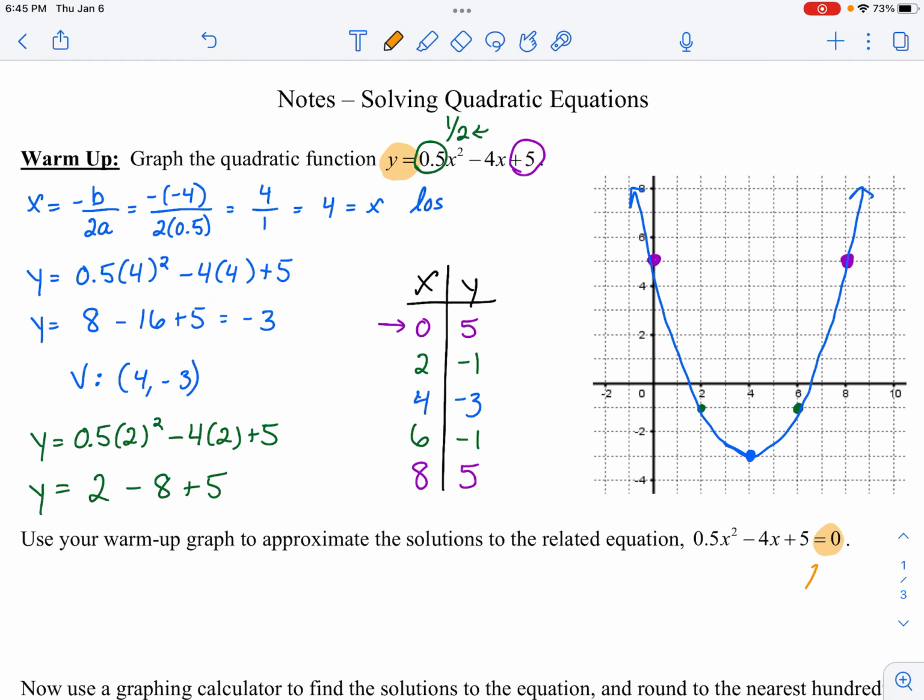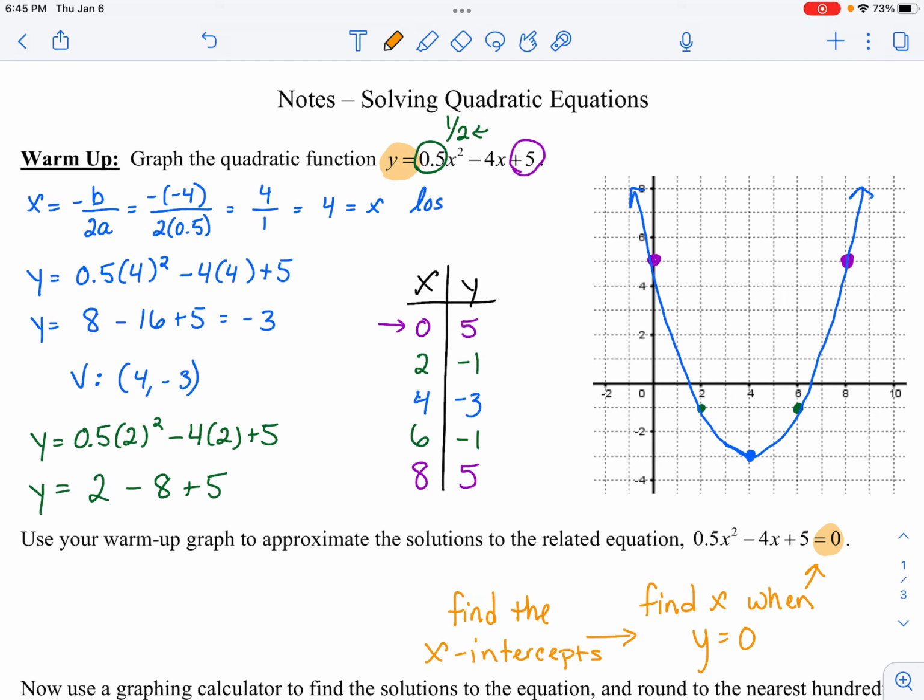Well, that means find x when y equals 0. Well, what does that mean? That means find the x-intercepts, because x-intercepts happen when y is equal to 0.